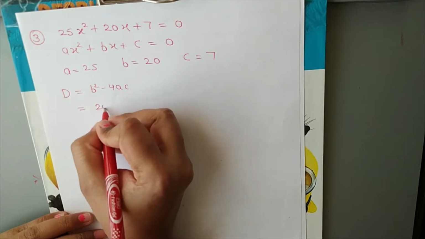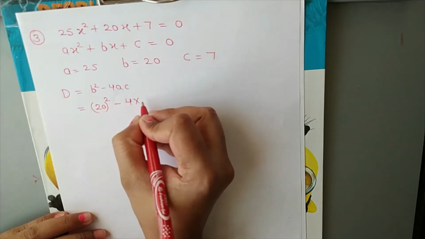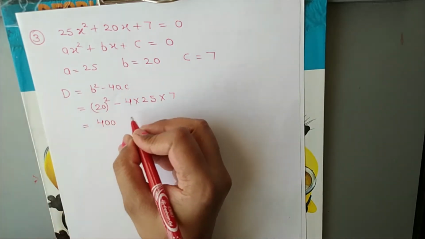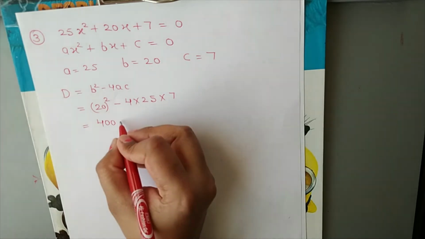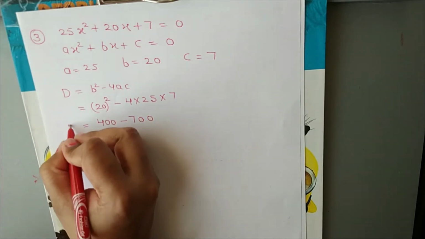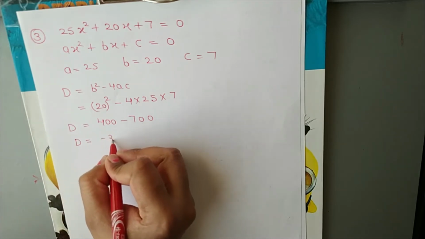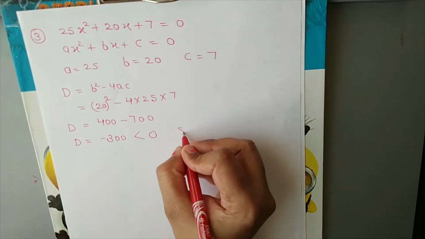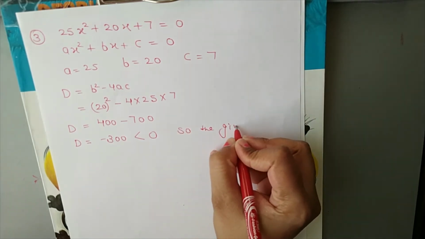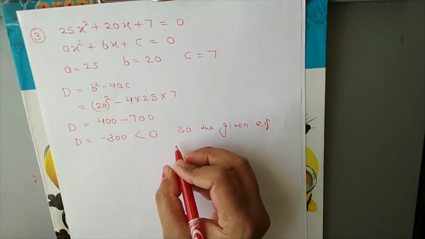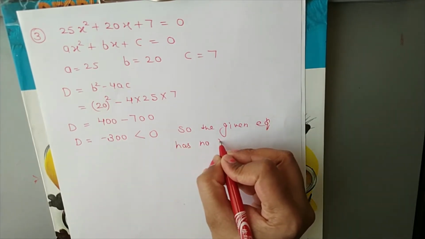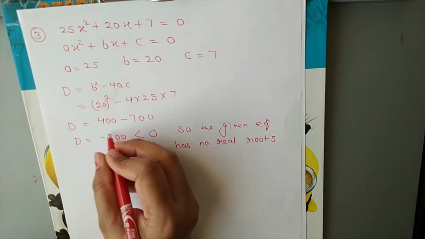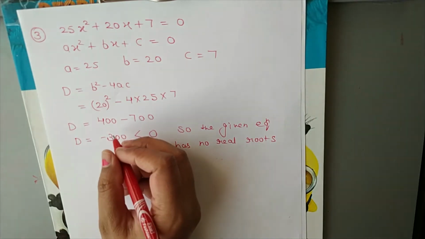So 20 square minus 4 into 25 into 7, that is 400 minus 700. So D is minus 300, which is less than 0. It means the given equation has no real root. You have to remember it should always be greater than or equal to 0.